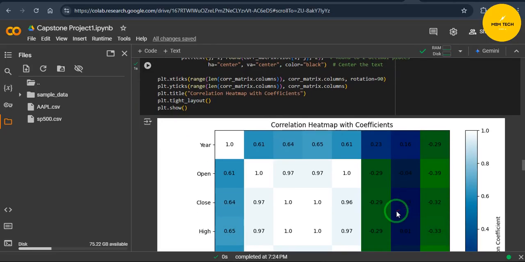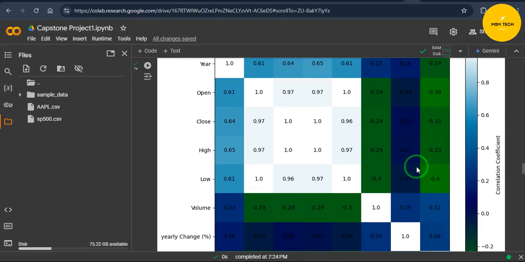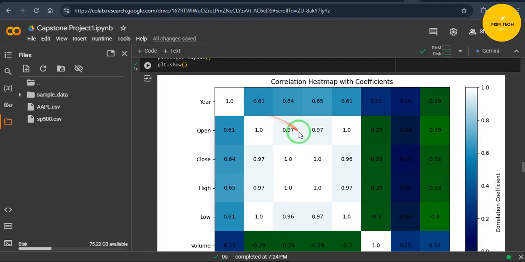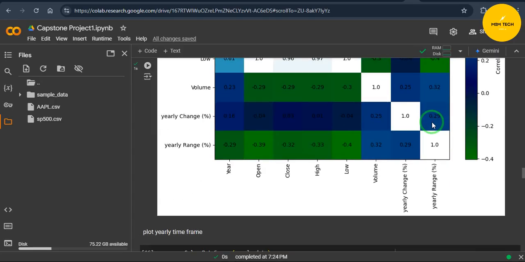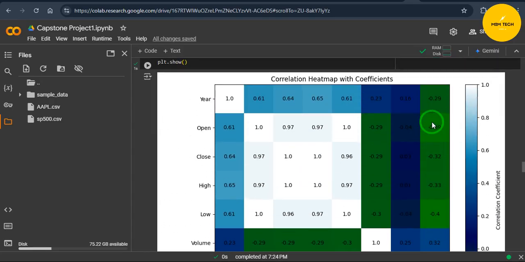And here is the correlation of the yearly data, and again we can see the upward trend here.